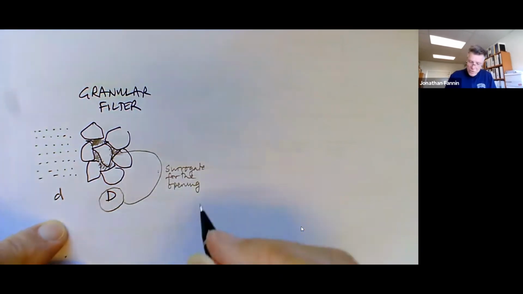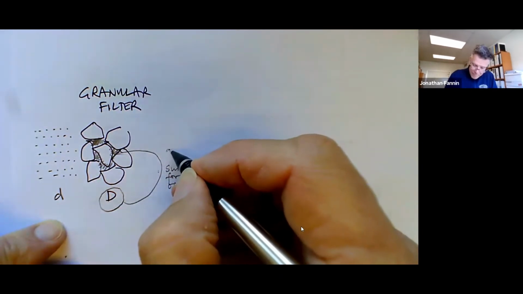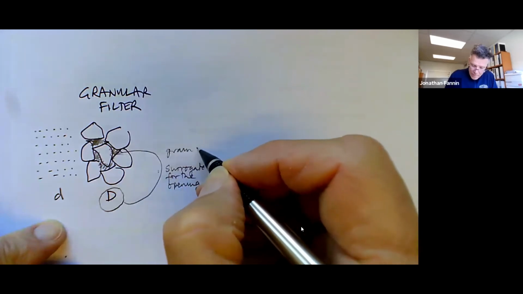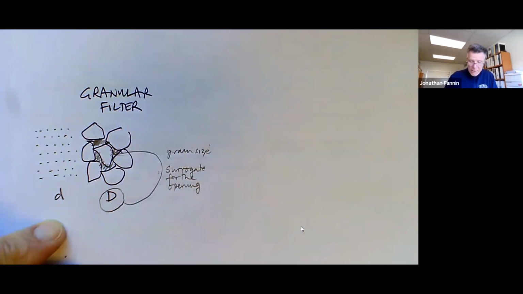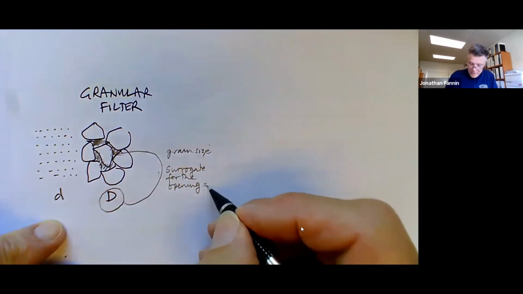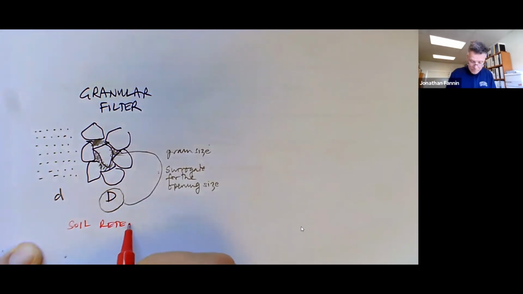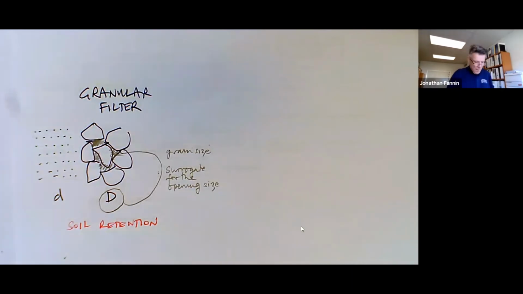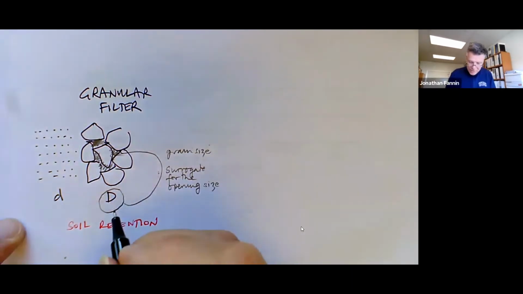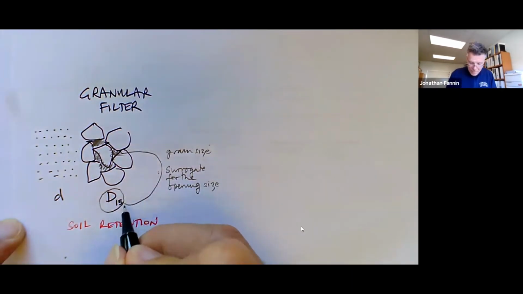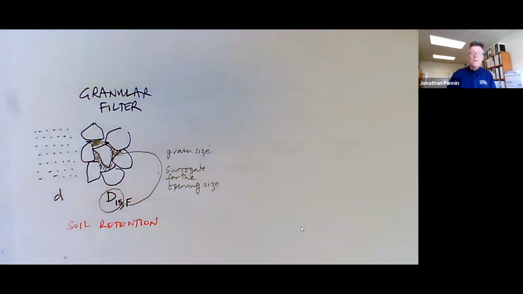The grain size is a surrogate for the opening size when it comes to soil retention. And typically we might use, for example, D15 of the filter.